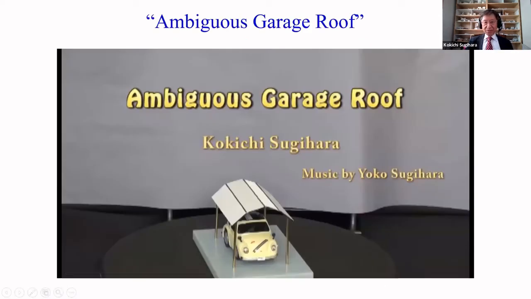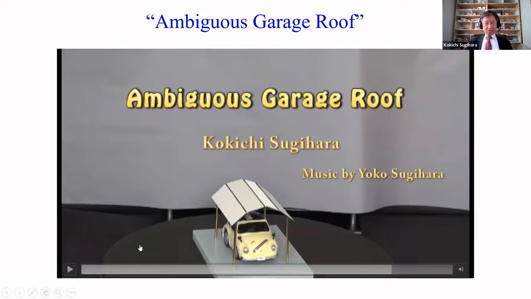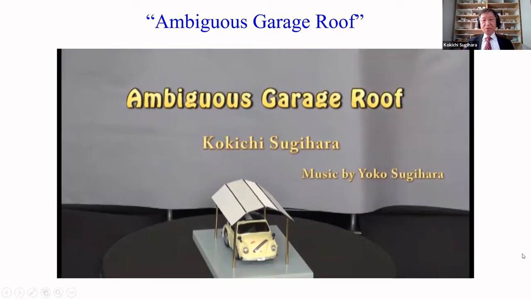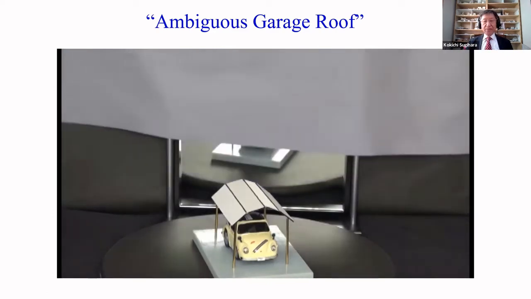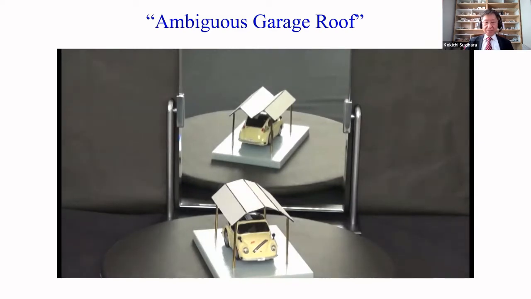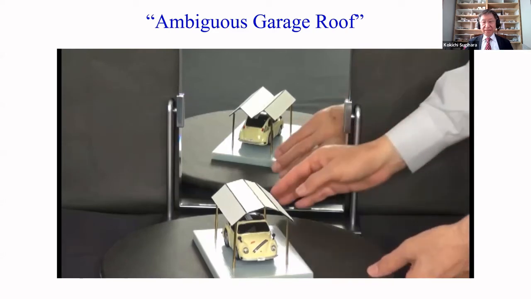Let me show examples. Here is a miniature carport, and please look at the shape of the roof. Oh, sorry. The roof looks circular. However, when we remove the curtain and reflect the object in the mirror, the appearance of the roof changes drastically.